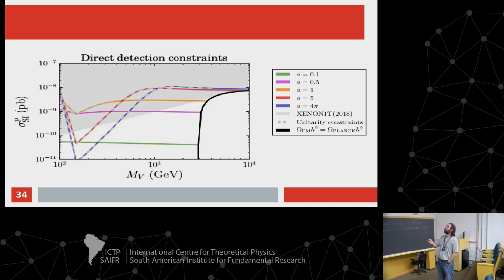This is the mass of the V, and I think this is the mass of the Higgs, right? But it would not induce a resonance because it's scattering. The momentum for direct detection is way below any resonance for the Higgs.